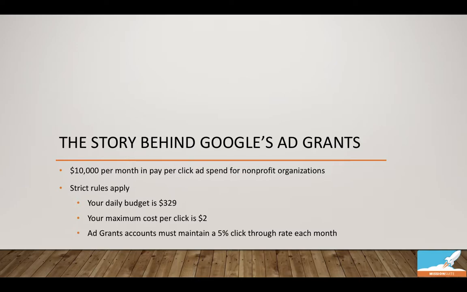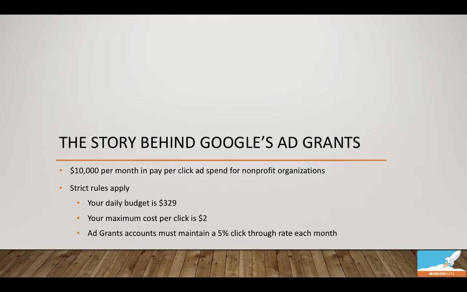And then finally, your account in ad grants has to maintain a 5% click-through rate every month. So at least 5% of the people that see your ads have to click on them. Otherwise, they'll ultimately remove the grant, and you'll have to reapply and go through a bunch of hoops to make sure that you can actually get the job done.